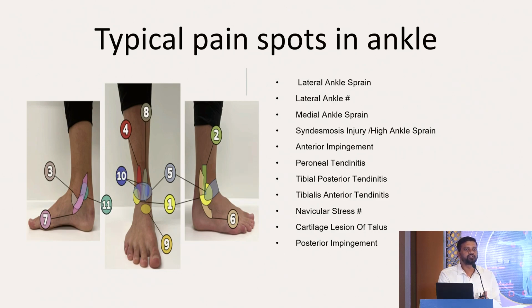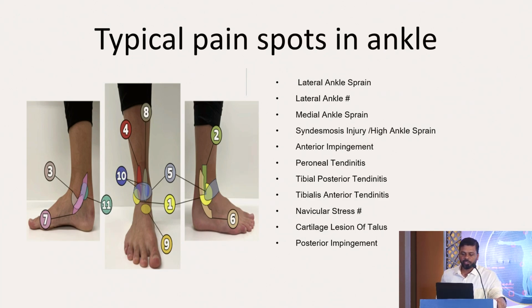Anterior impingement, usually we forget about what is anterior impingement. Again it happens in runners, who are running daily. In old age also, the anterior impingement may be because of osteophytes or synovial hypertrophy, or maybe because of fat impingement.